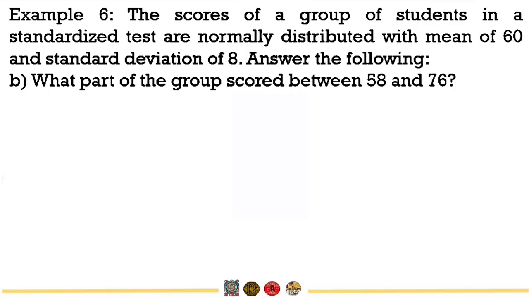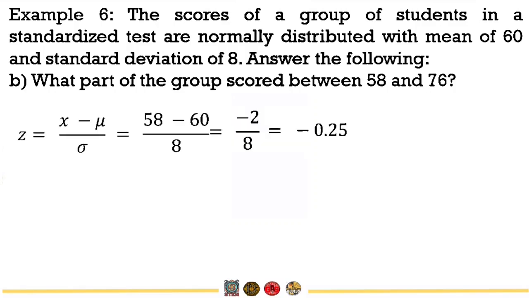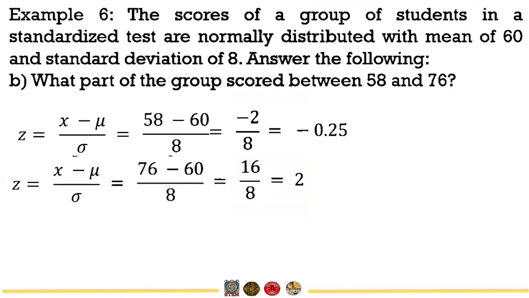Okay, so when you encounter a negative z value, right? So the corresponding z value of 58 is negative 0.25, while 76 is above the mean, which is a positive value, 2.